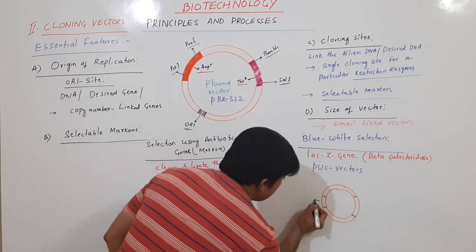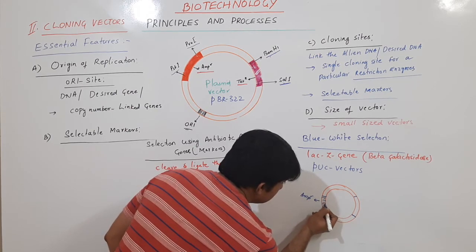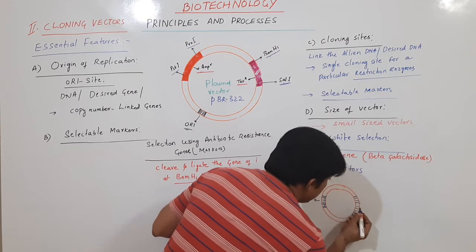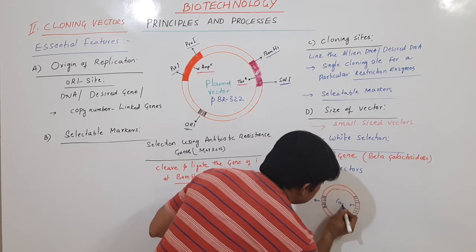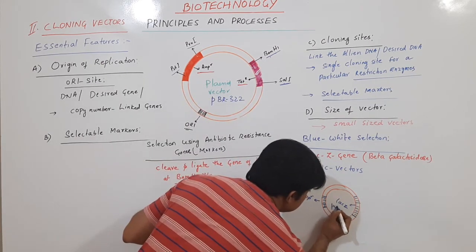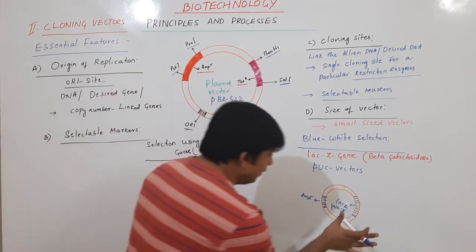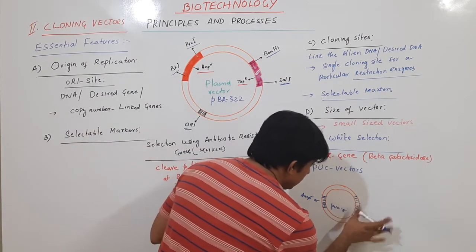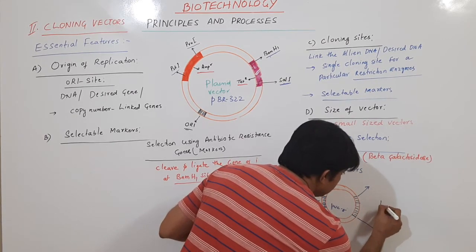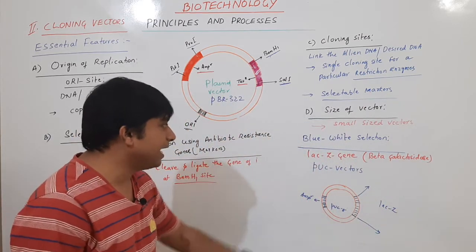This is the ampicillin resistant marker, and this is the sequence for lacZ. This is pUC8. This vector is the pUC8 vector. This is the lacZ gene, which can synthesize the beta galactosidase enzyme.